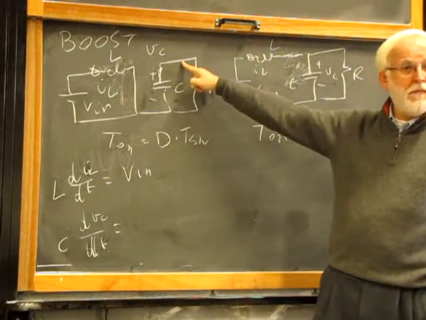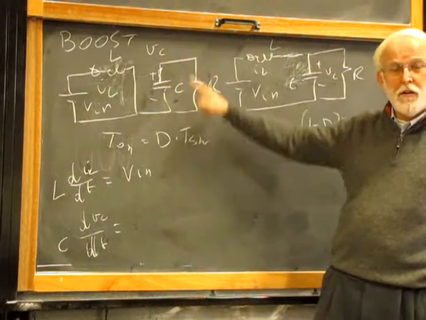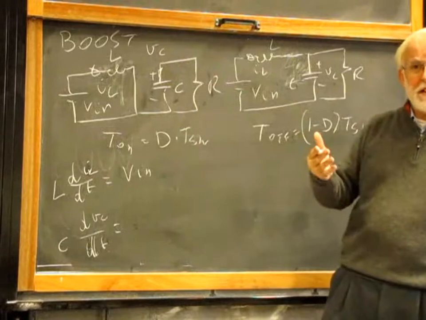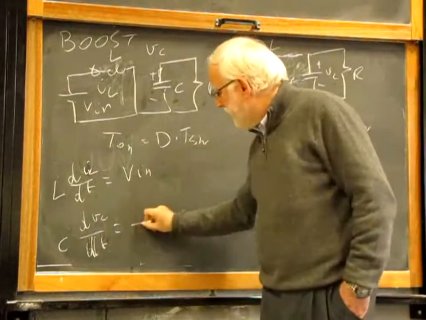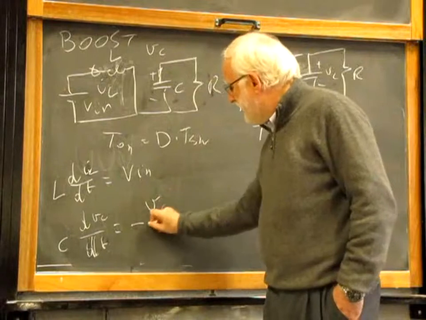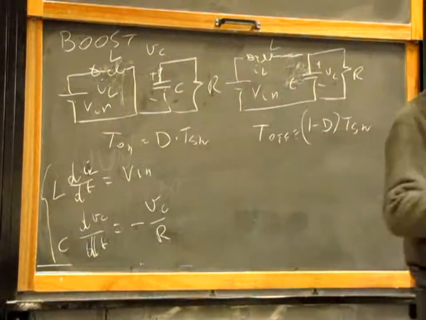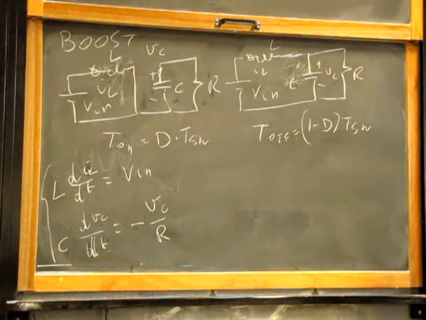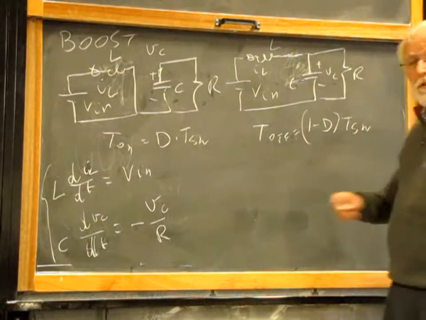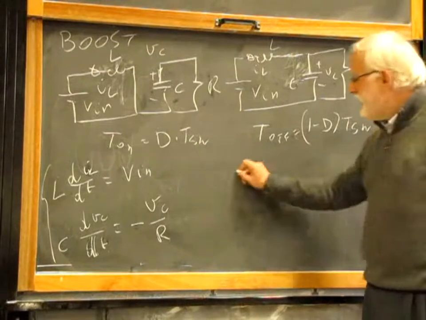Negative V0 over R. Vc and V0 are the same, so this is equal to negative Vc over R. Okay, those are the first two differential equations. Today is the only time that I use differential equations, then that will be over and we will forget them. No, you don't have to forget them, at least for this.